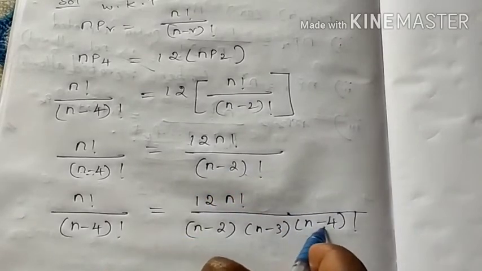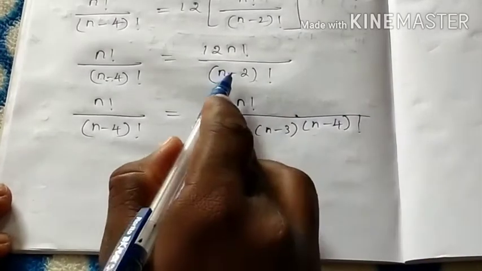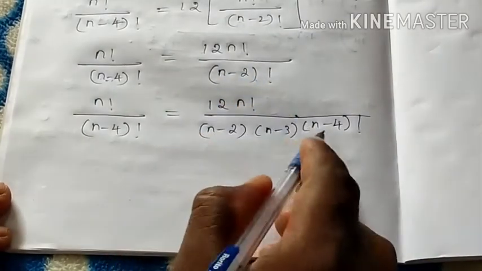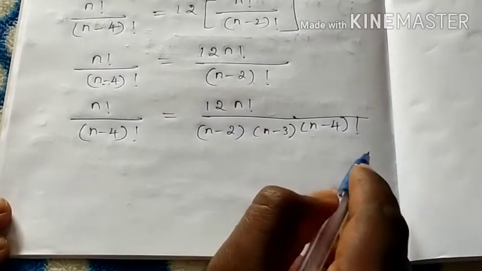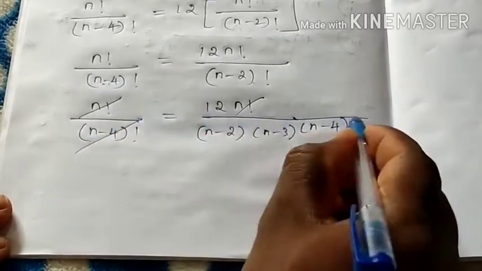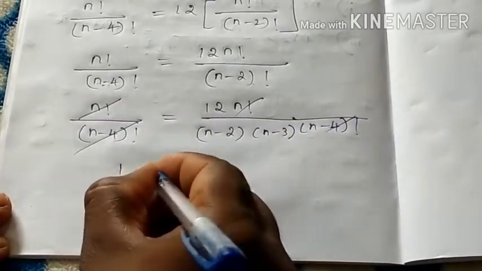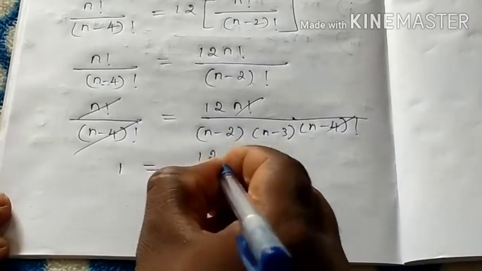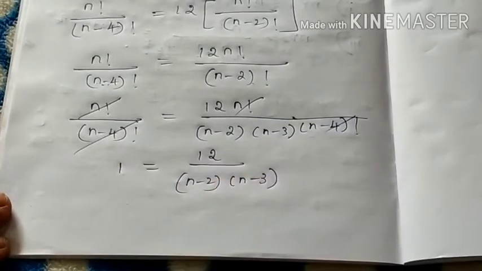It can be written as (n minus 2) into (n minus 3) into (n minus 4) factorial. Next, making the cancellation, n factorial is cancelled, then (n minus 4) factorial is cancelled. The remaining term on the left-hand side is 1, which is equal to the right-hand side, 12 divided by (n minus 2) into (n minus 3).